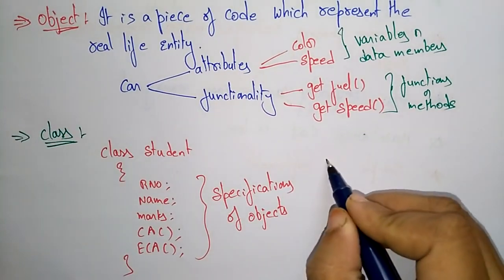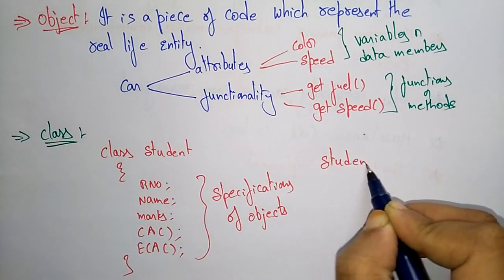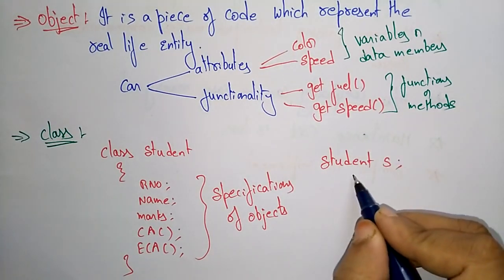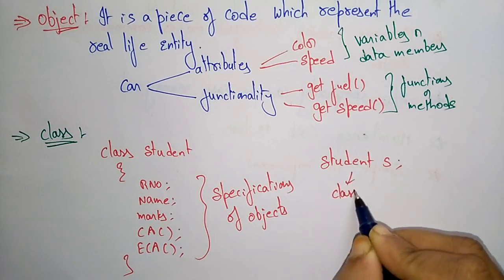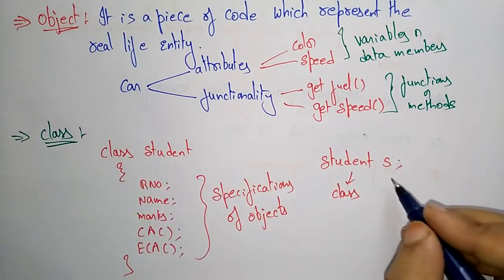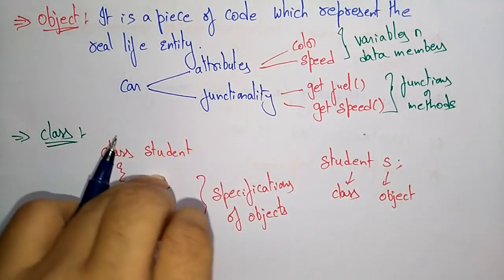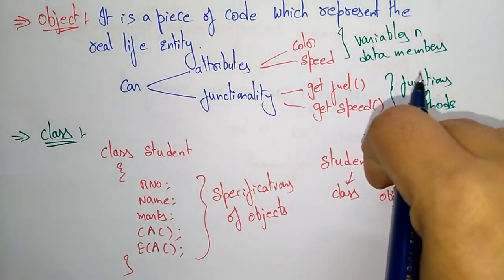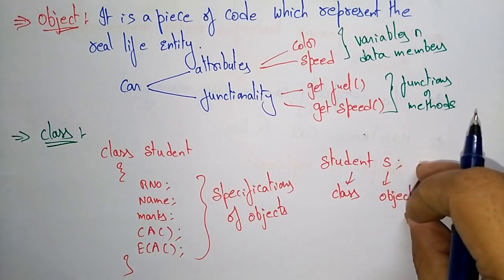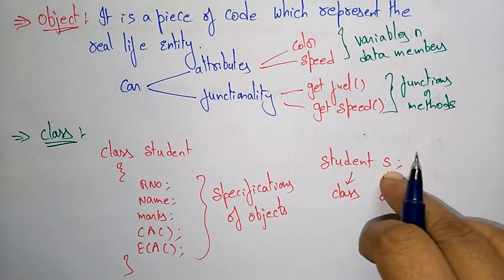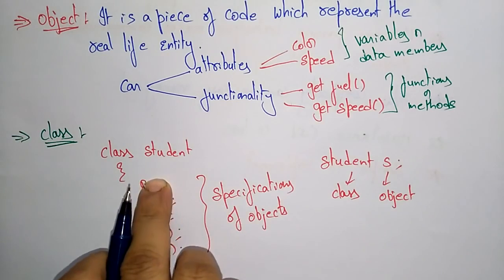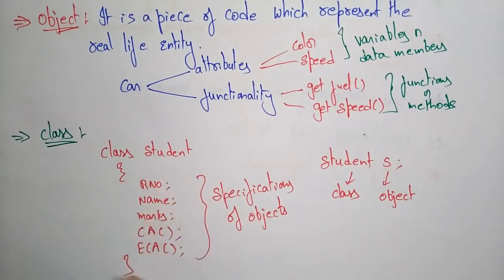Suppose you call student S. Here student is a class. The class name is student and S is the object. Whenever you call this, all these attributes will be called in the object. So object S gets all the student specifications.